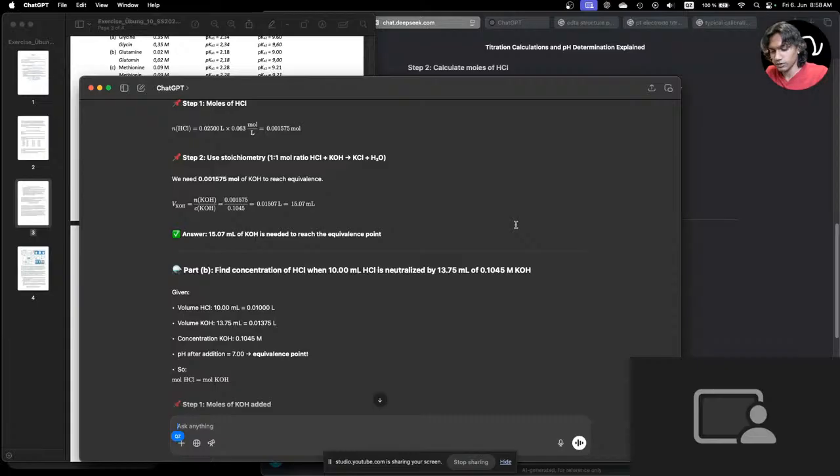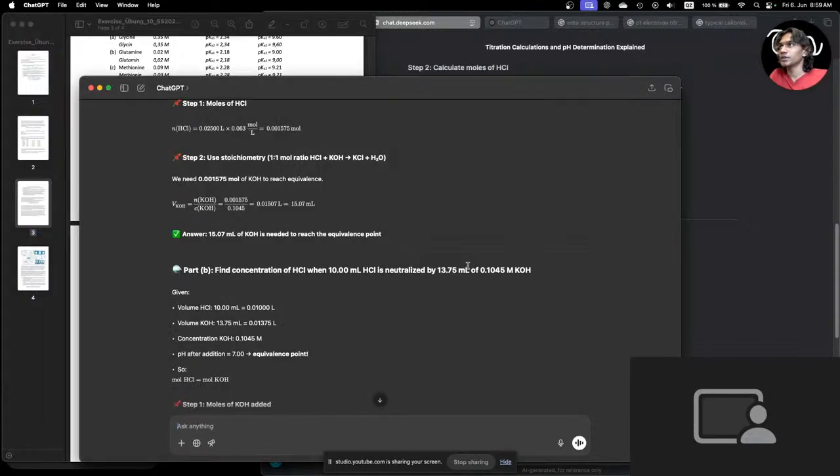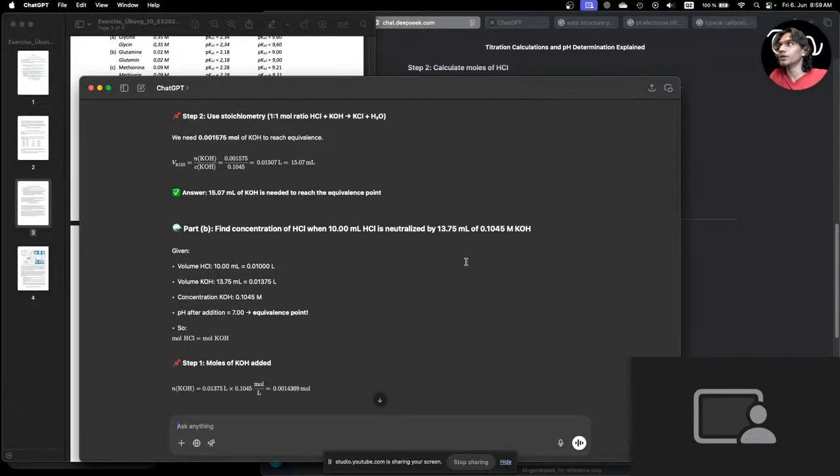Now, what is the volume of HCl? I don't know. You could find it by doing the calculations: number of moles of HCl divided by concentration. Oh, yeah. There is the volume, 25 milliliters.